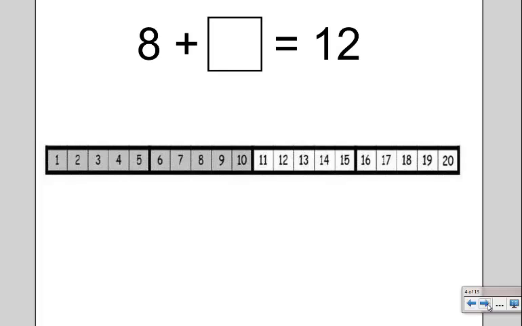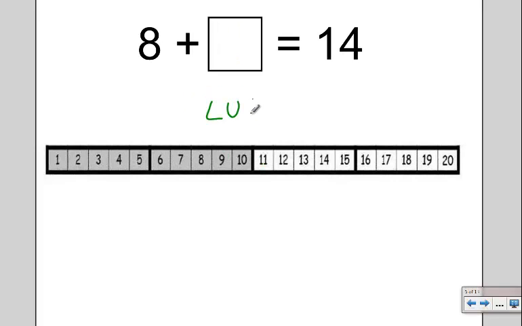Here's a different way to look at these. We could also count on our number line or a number path. If I want to get from 8 to 12, I've got to go 1, 2, 3, 4 more spaces on my number path. And that's Sully's sentence.